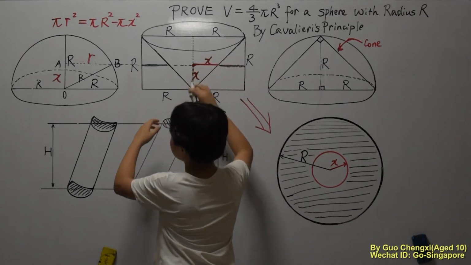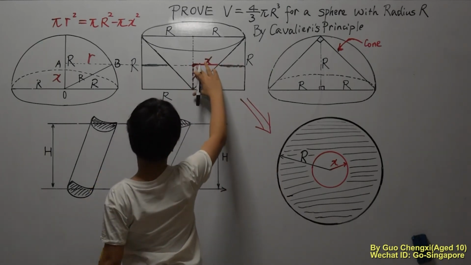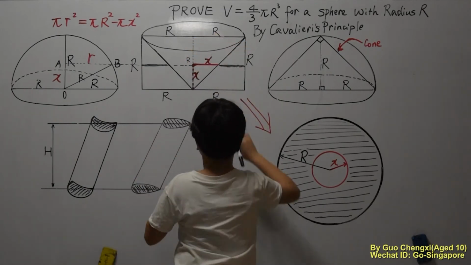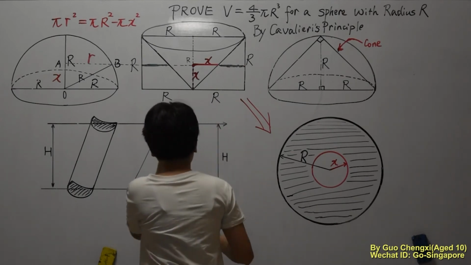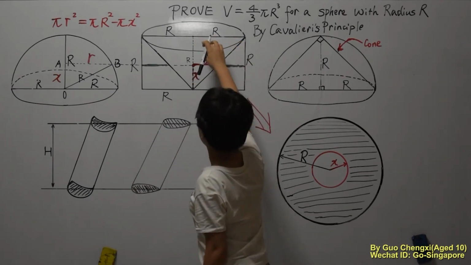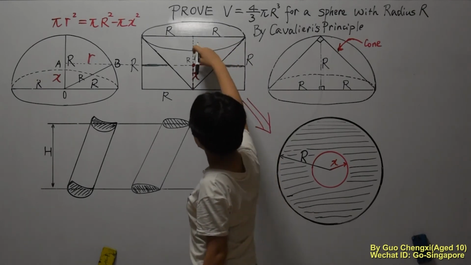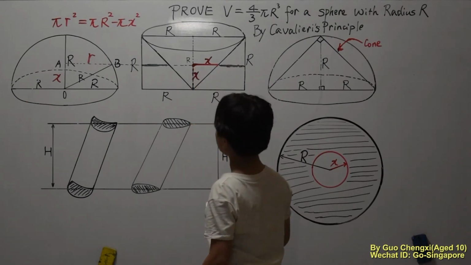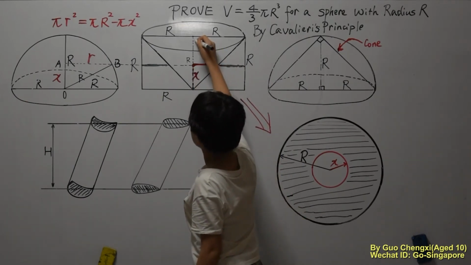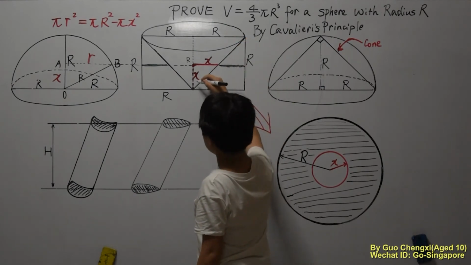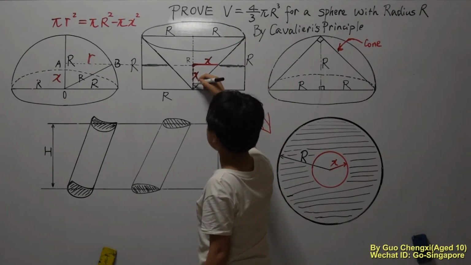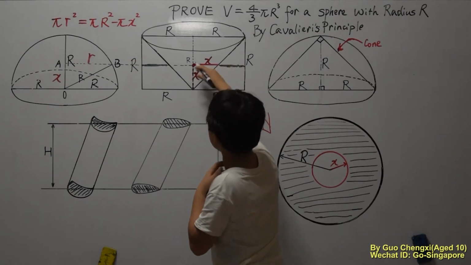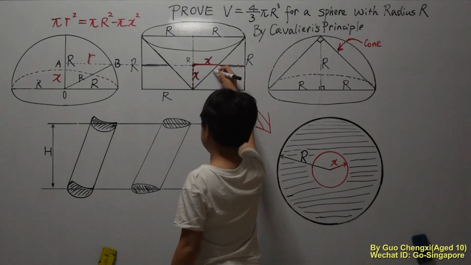Getting back to this part, we will call this part X. So this whole thing becomes R, right? And this part R. In this isosceles triangle, we take the height as X and the base as X, because this is 90 degrees, 45 degrees, 45 degrees. And this part X, once again 45 degrees, then over here 90 degrees, and if we draw this line, it will also be 45 degrees, right?